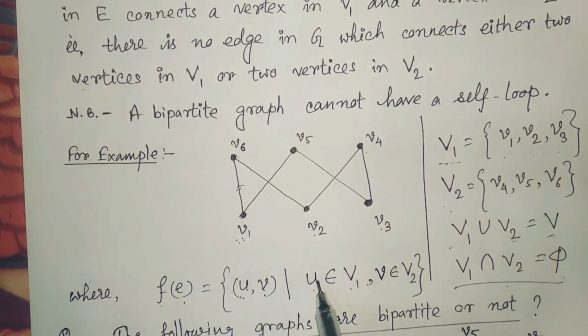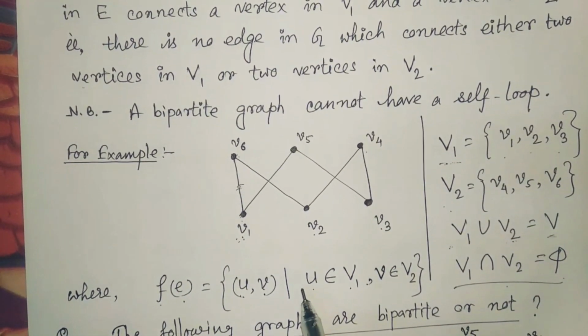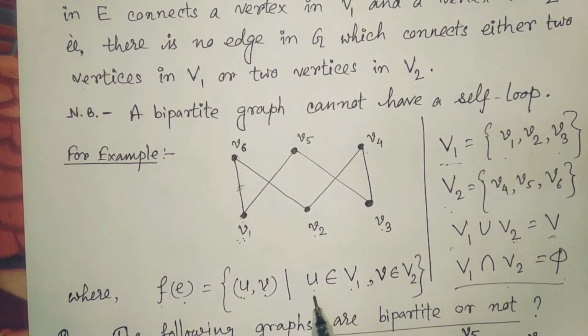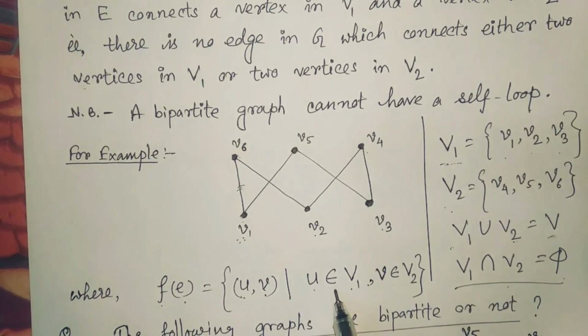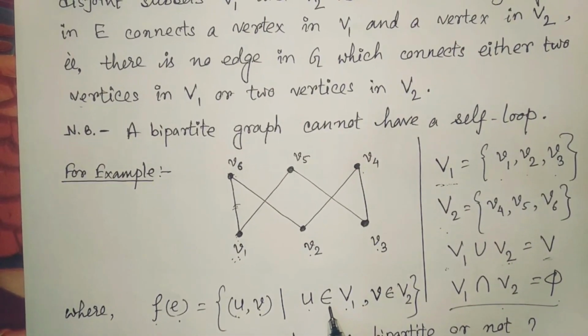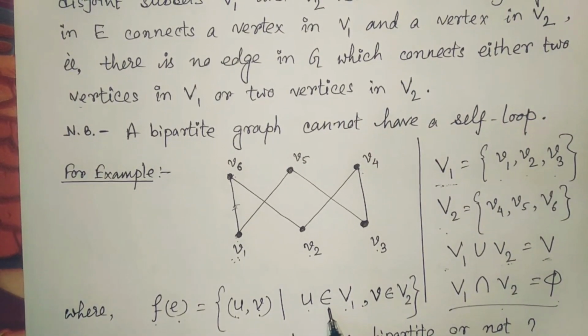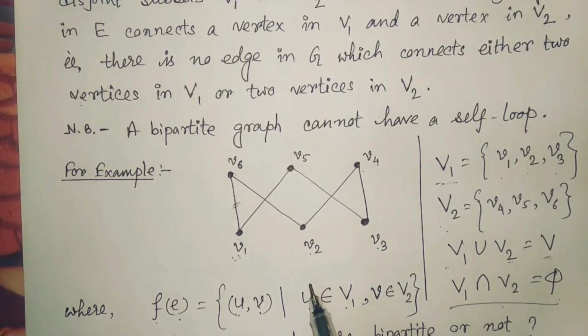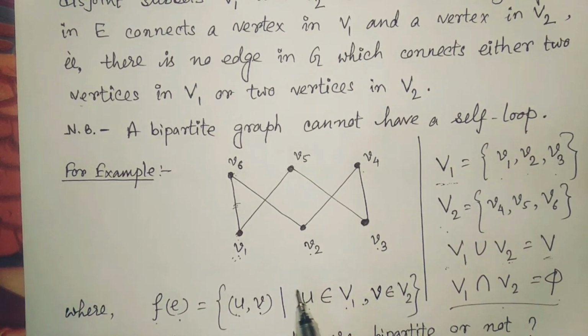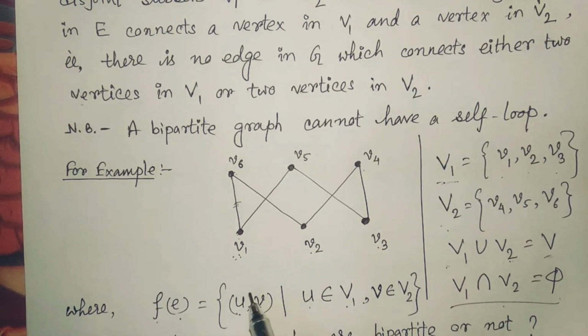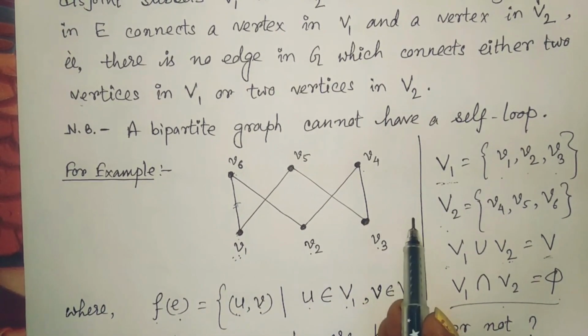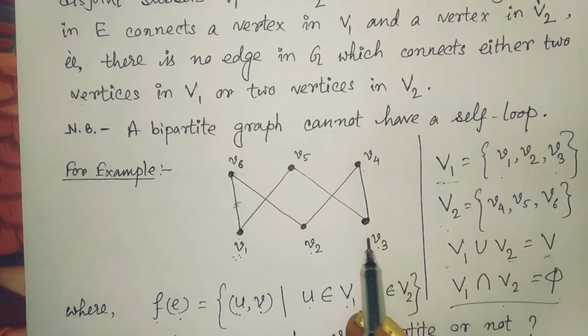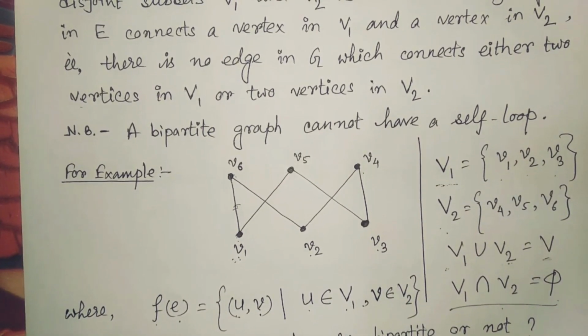So if you find this type of graph, then this one is called a bipartite graph. And very obviously a self loop can never be included here, because a self loop means its starting and ending vertices are the same. So its starting point and ending point both lie in the same vertex set, which is not possible for a bipartite graph.